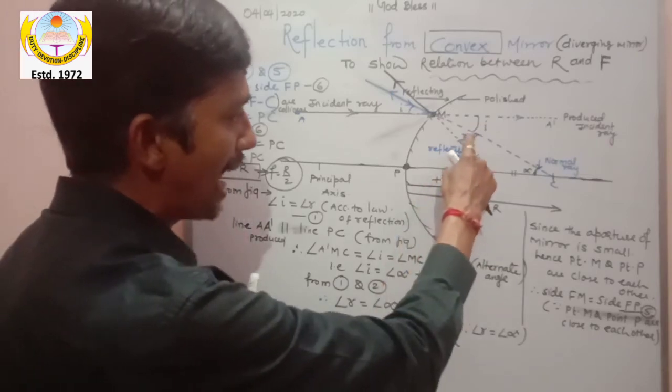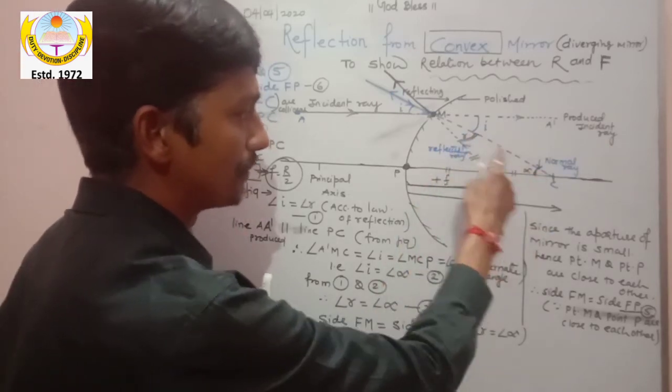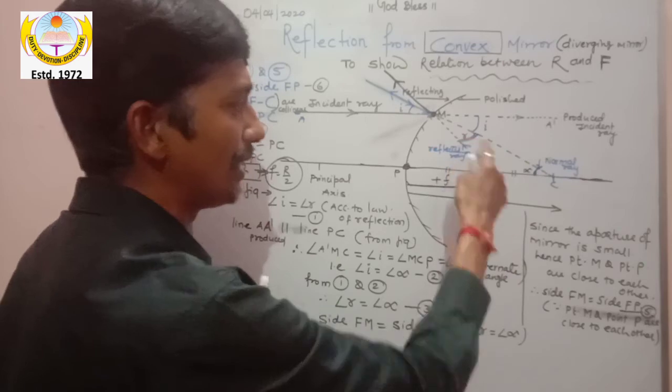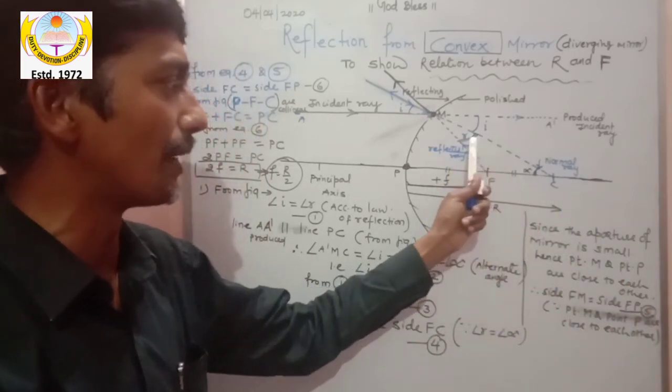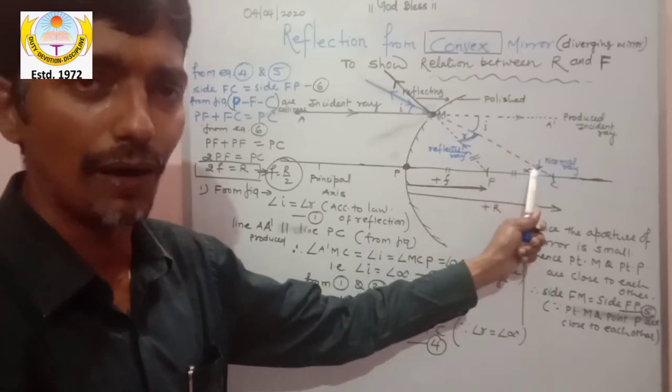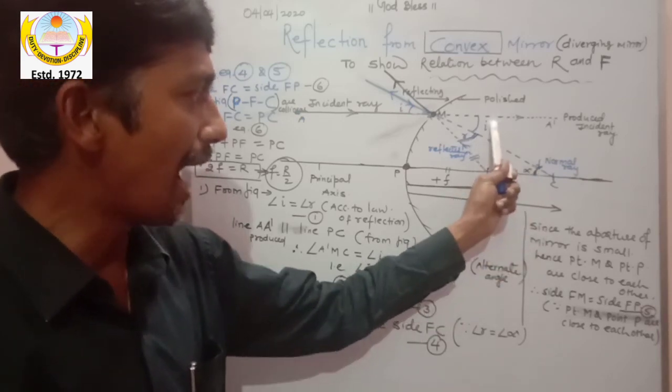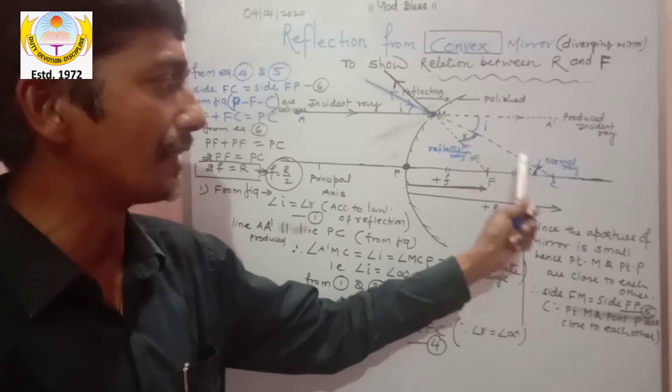Second, angle R and angle alpha are equal. Why? Because I is equal to R, I is equal to alpha, therefore R is equal to alpha.